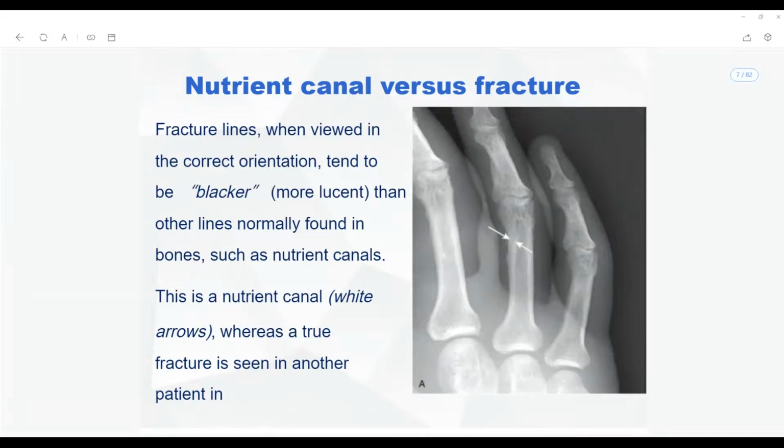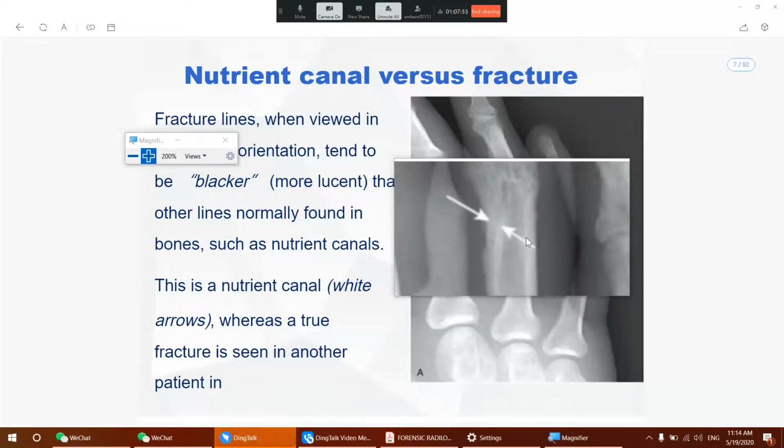Can you see me magnifying it? Okay, you cannot see it. Okay, just give me a second then. Okay, can you see now?